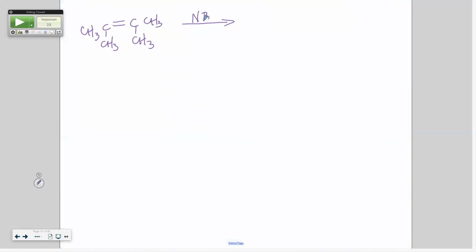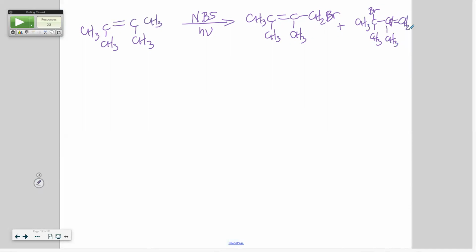And so here were our two products, plus all these methyls. Okay, so that's not a methyl there. It's just a scribble. It's called a scribble. It's a technical term for it.